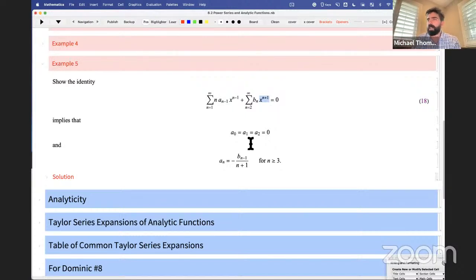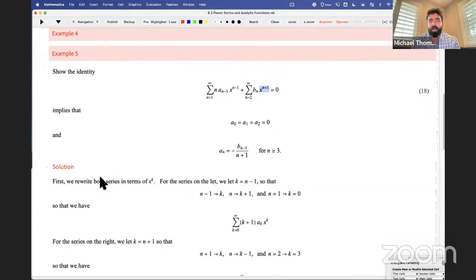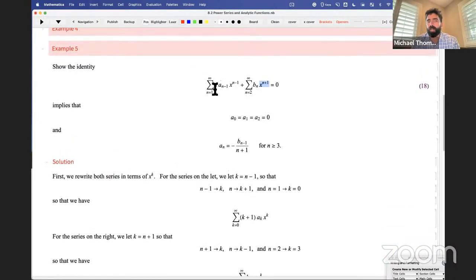All right, so we're going to do it the same way we did in the last problem. We're going to change both of them so that both of them are x to the k. To do that, for the first one, we're going to let k equal n minus 1. Is that okay? For the series on the left? We're going to let k equal n minus 1.